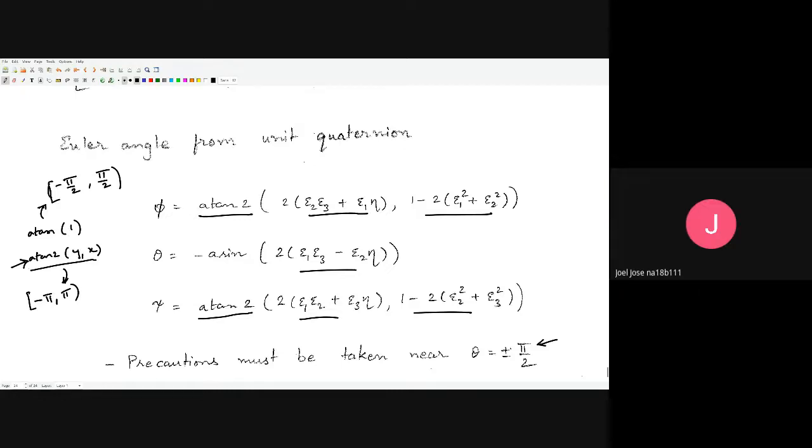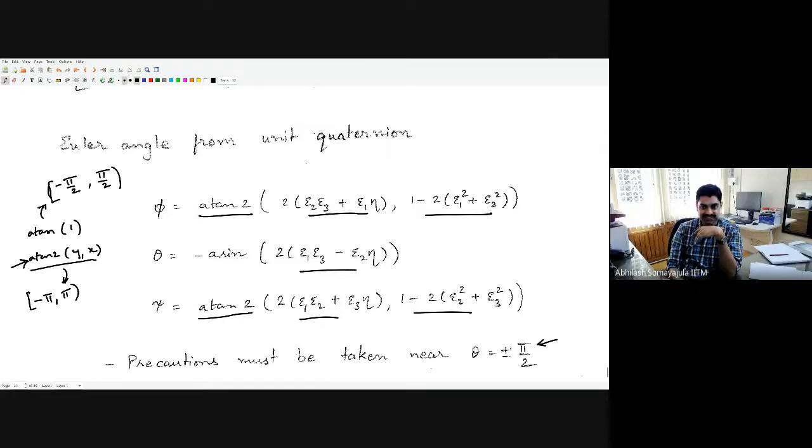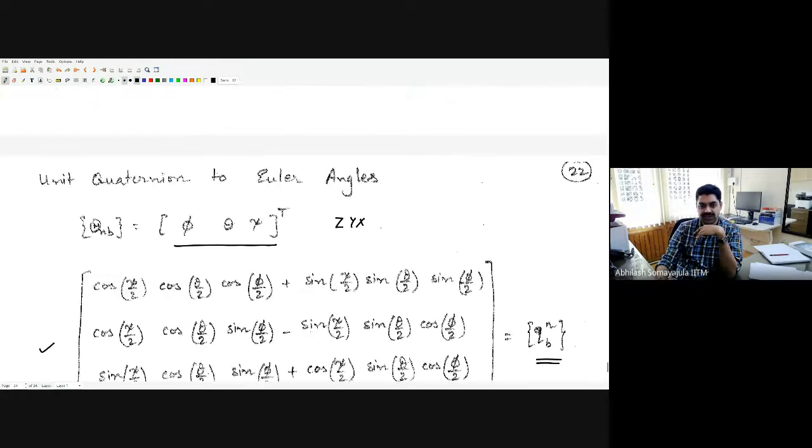Yes. Okay. All that is doing, if you look at it very carefully, is formulating the rotation matrix. So you are taking these angles, formulating the rotation matrix, and then seeing the rotation matrix due to the quaternion, and then comparing the two terms.